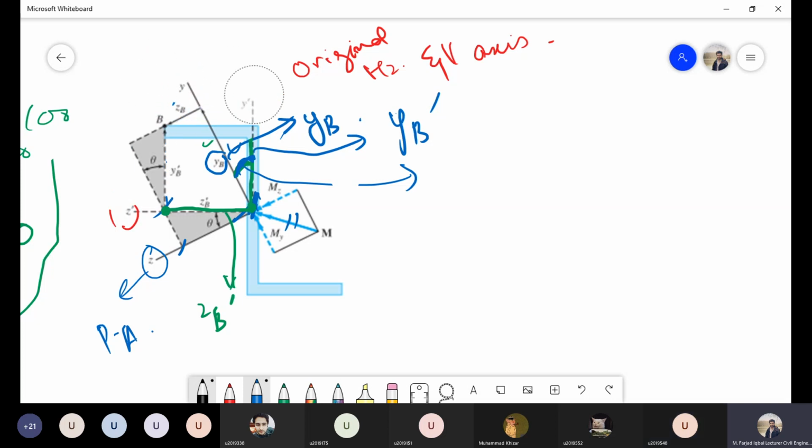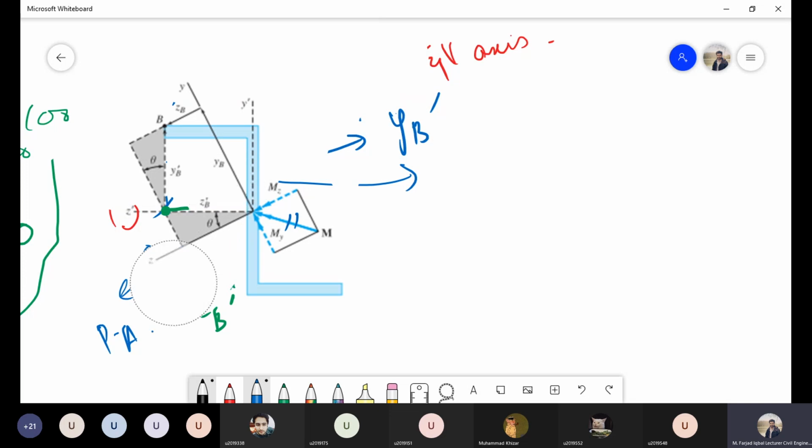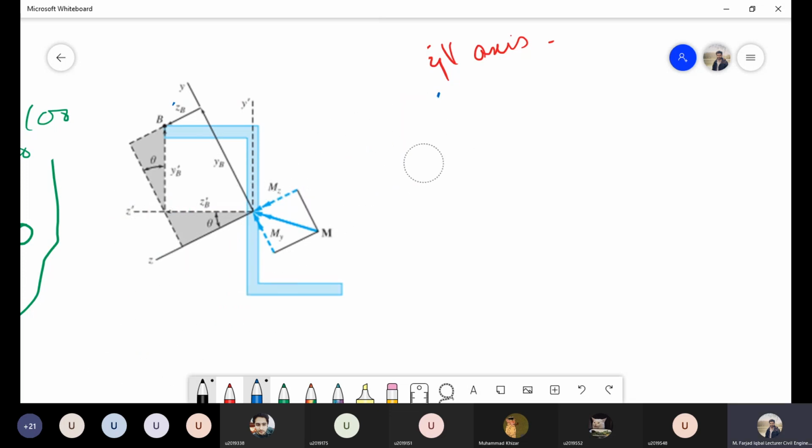Actually, I want to calculate the stress at point B. Okay, so this is my point B and I want to calculate the stress at this particular point. ठीक है, अब उसके लिए मैं क्या कर रहा हूँ, मुझे फ्लेक्चरल फार्मूला के लिए डिस्टेंसेस YB and ZB चाहिए, and I am trying to develop a correlation of these inclined distances in terms of this original straight and vertical distances.